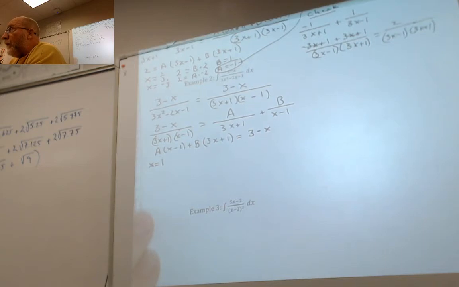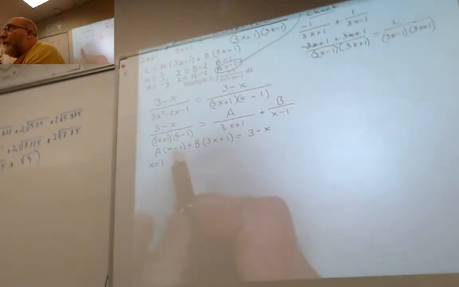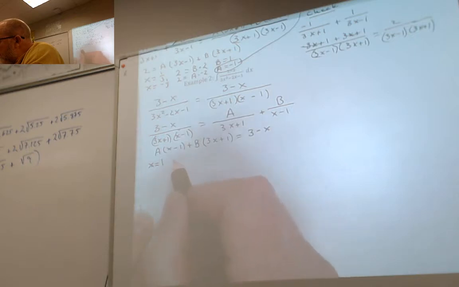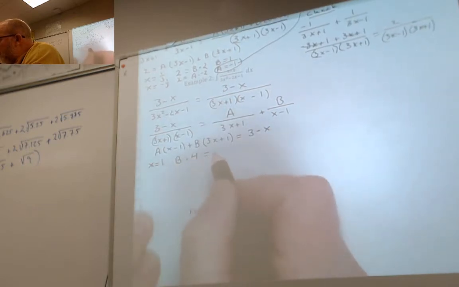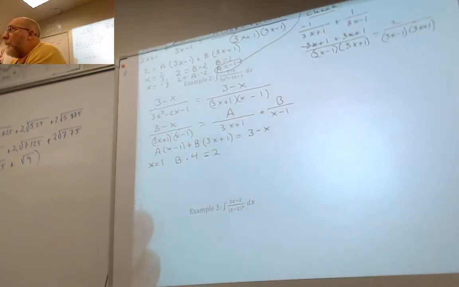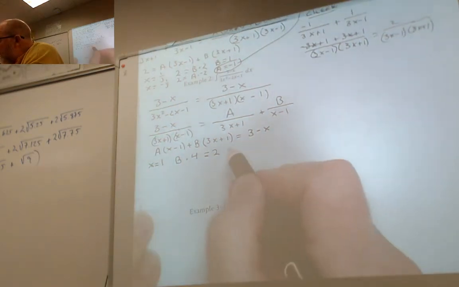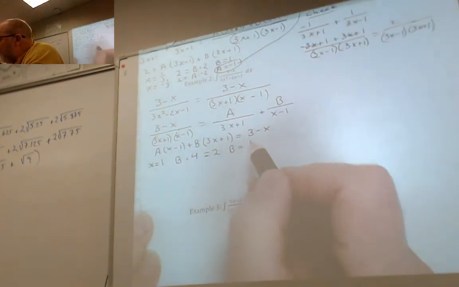Kayleen, why do you think I should choose 1? Yeah, because this one will be 0, won't it? And I'll be left solving just b. So I'm going to have b times 4 equals 2. So I know that b equals a half.